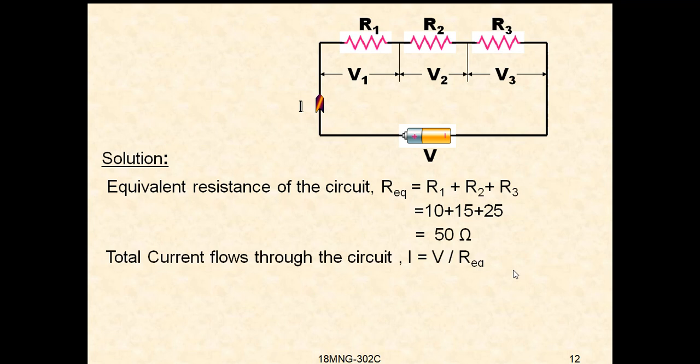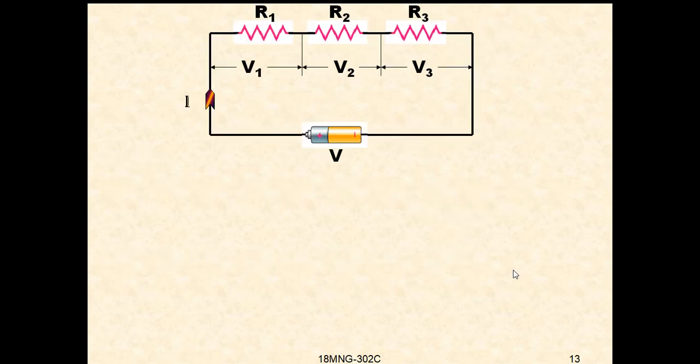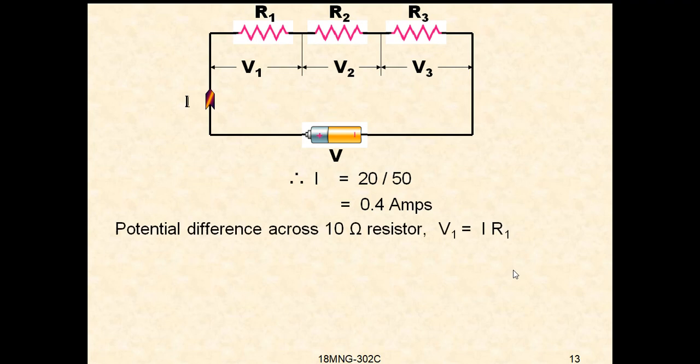On substituting those values in this equation, we get I is equal to 20 by 50, which is equal to 0.4 amps.